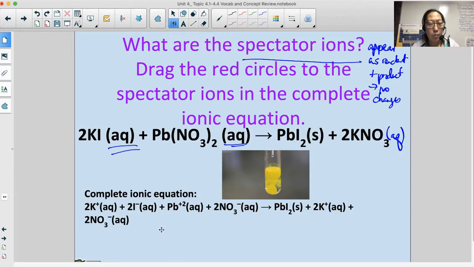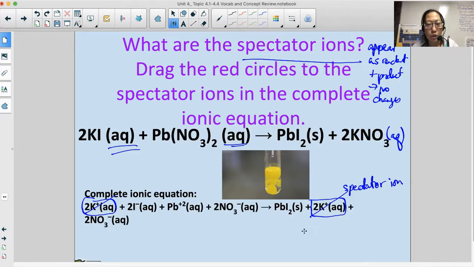If you look at the complete ionic, we can see that we have 2K plus here on the left and 2K plus on the right. And there's a reason why these are called chemical equations. They're just like algebra. So if you see the same thing on the left and the right, we can cancel this out. That is a spectator ion.